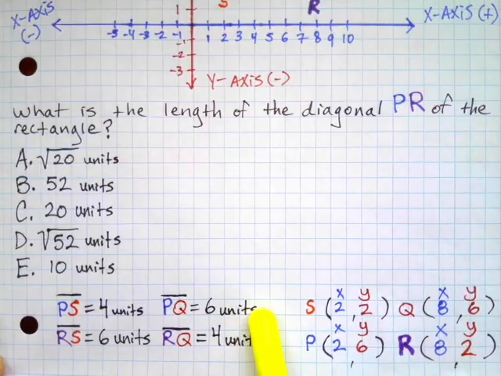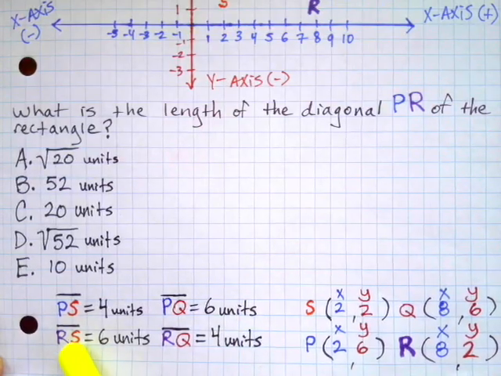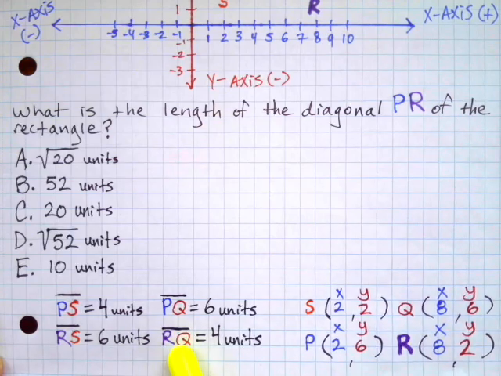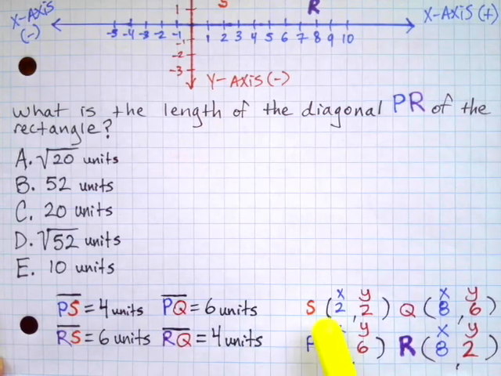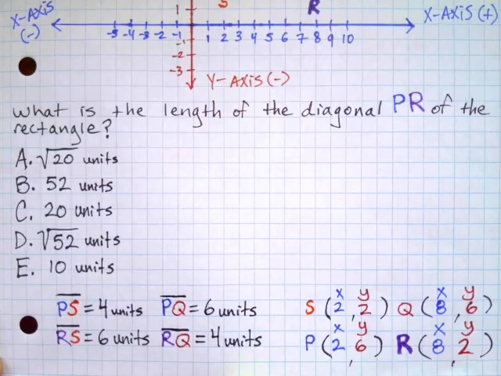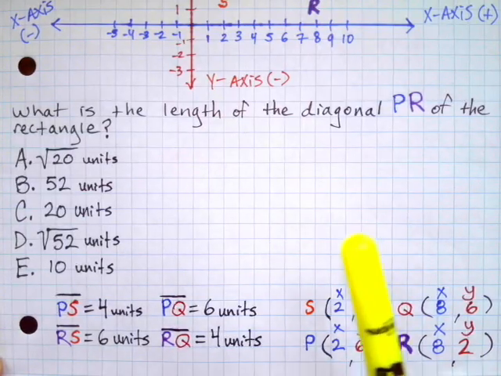Line segment PQ is 6 units. Line segment RS is 6 units. Line segment RQ is 4 units. Plot points S, Q, P, and R we already spoke about. I'm just writing these down for you, the X and Y values at each of these ordered pairs or vertices, as I mentioned earlier. Now, this is going to be super, super important.